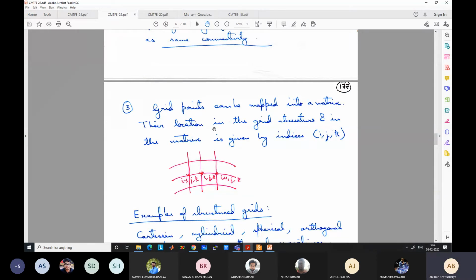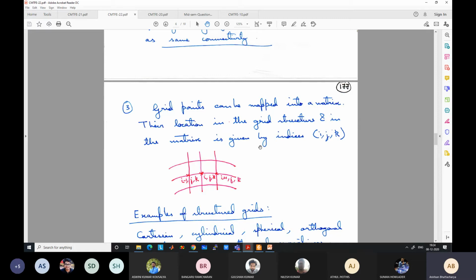So each location of each grid point in the grid structure is given by an index, and as a result they can be mapped into a matrix. All this grid structure can be written in matrix form. When solving a 2D problem, you can have a two-dimensional matrix.